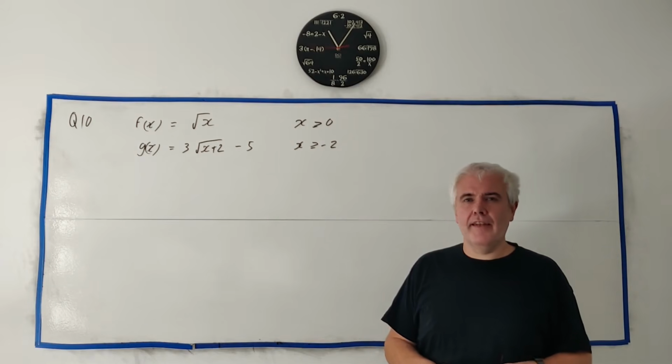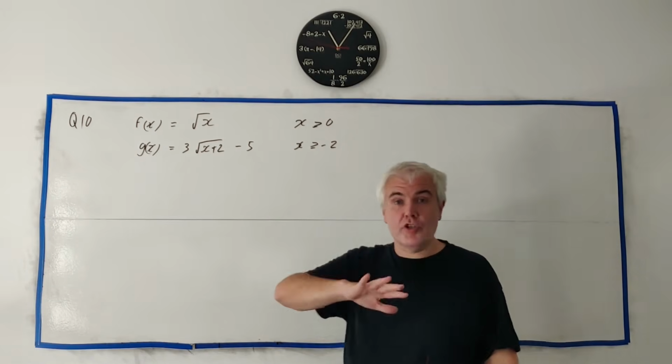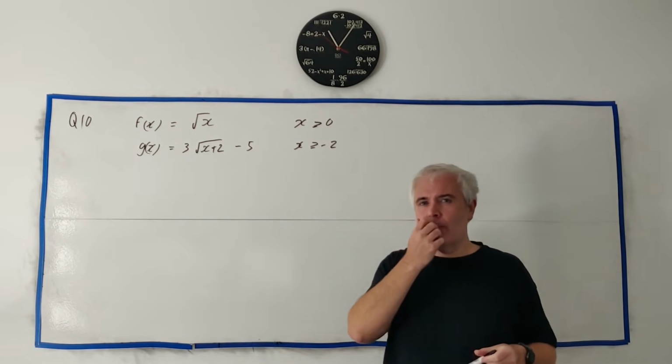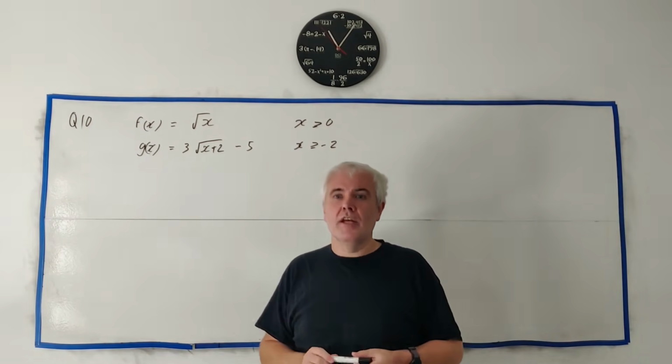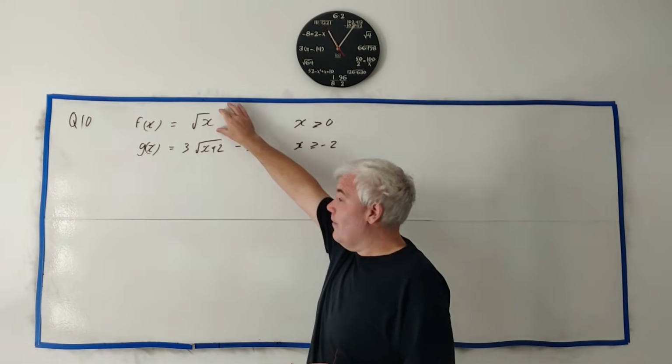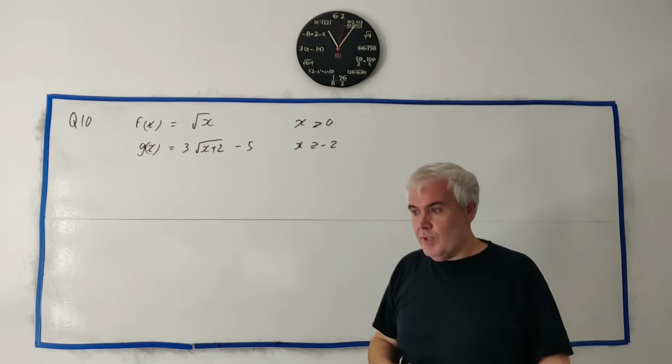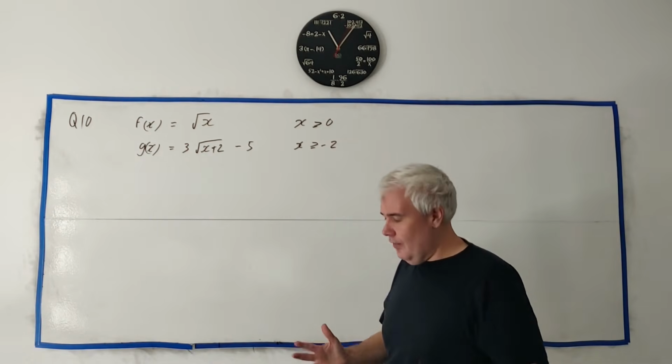In question 10, they give us 2 functions, f(x) and g(x), and they want us to describe a sequence of transformations that gets this graph to look like this graph. It's an interesting question because they haven't shown us images of these graphs.